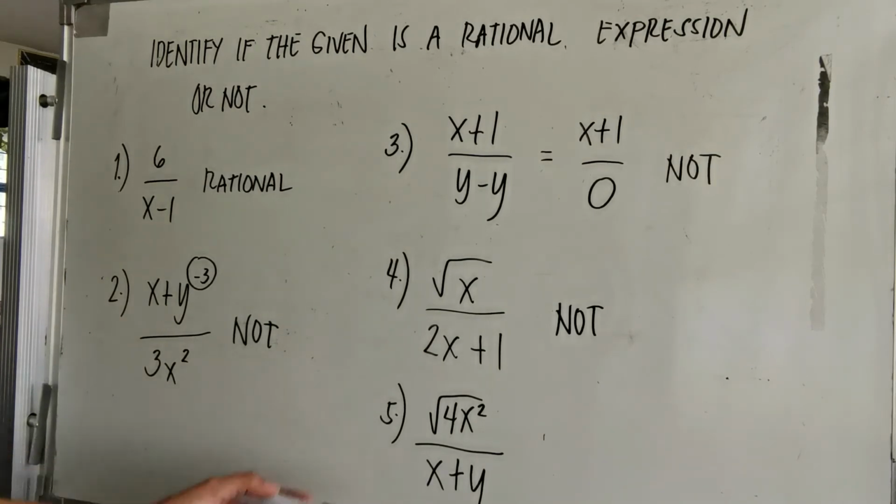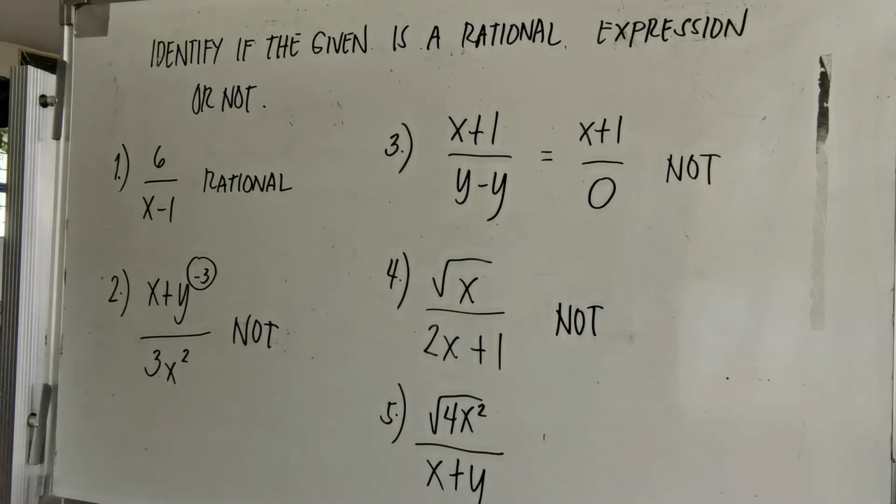Last example, we have number 5. In our given number 5, we have radical sign. We have square root of 4x squared over x plus y. But if we're going to observe, so tingnan natin, yung ating given sa numerator ay meron pang simplest form.